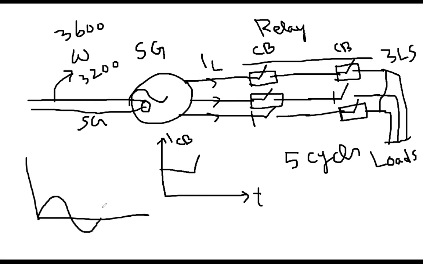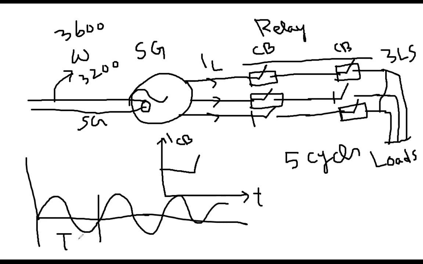This is the waveform, and this is one time period, T. The duration depends on frequency. You all know that F is 1 over T, or in other words, T is 1 over F.